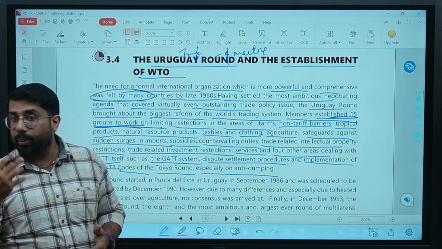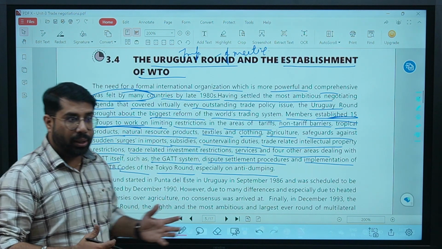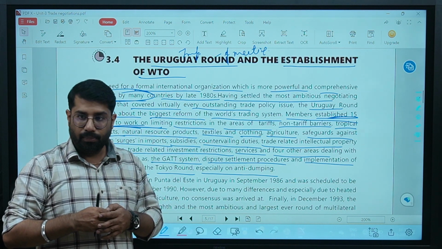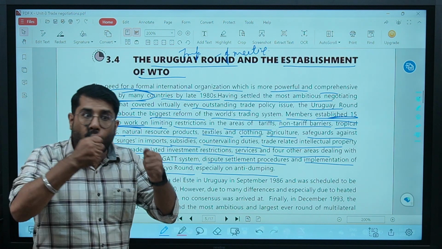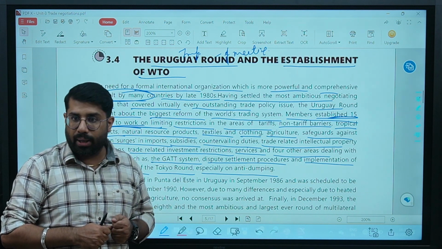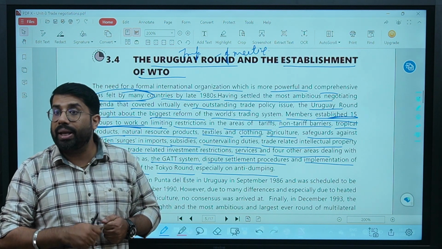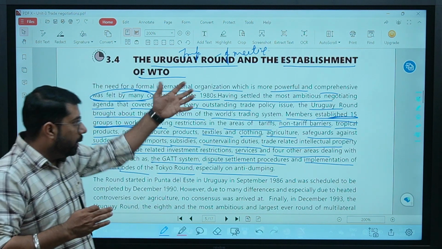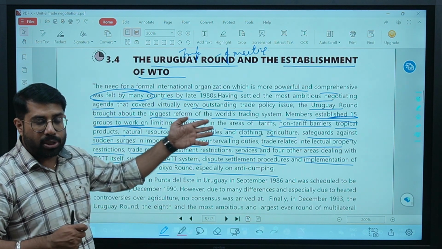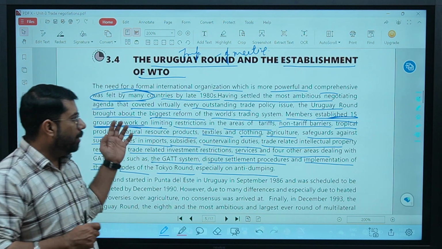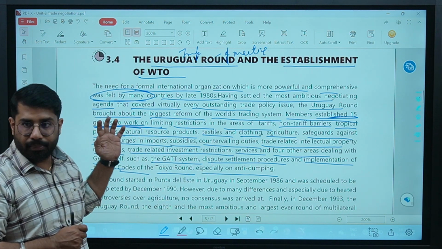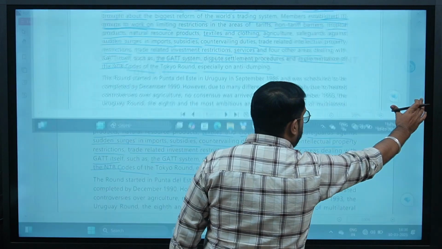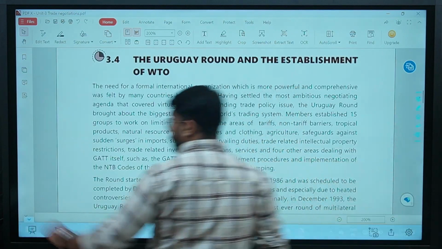These 15 groups started working on different areas so that they could decide that if they have to bring a new and strong organization at the level of world trade, they should make all the preparations first. So for preparing all the things, all the 15 groups of members were made and they started working on these areas. Are we clear?